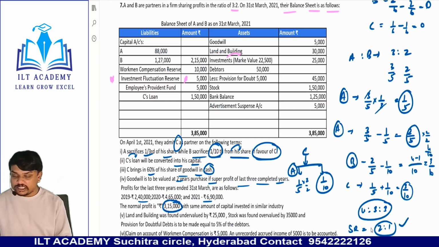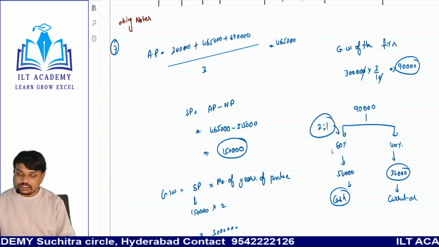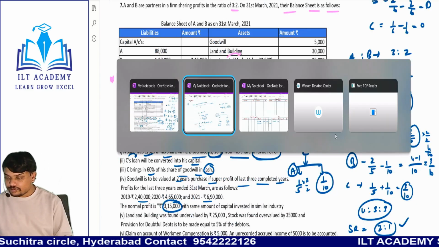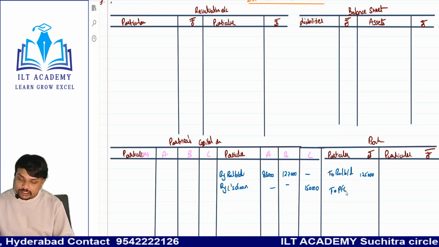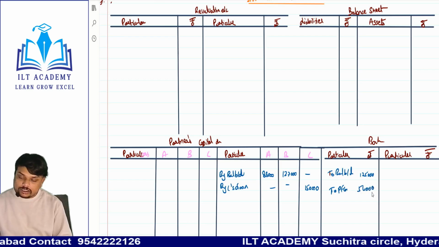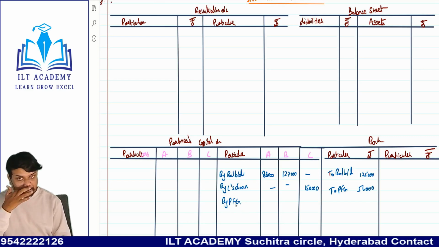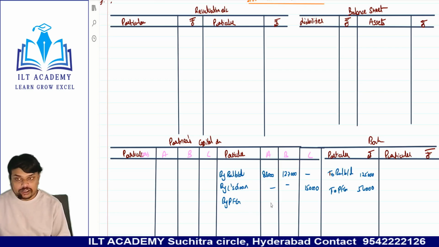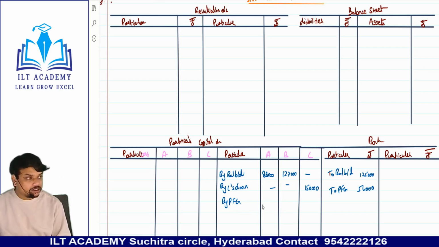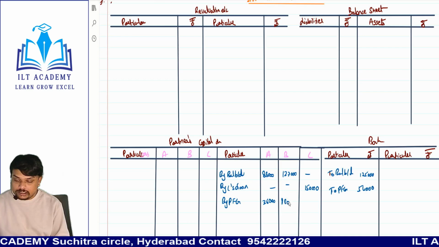This will be distributed in the ratio 2:1. That was the sacrificing ratio. Now you can write premium for goodwill, the amount brought, which is 54,000. Here also same, premium for goodwill, the amount 54,000. 54,000 you will distribute in the ratio 2:1, which is 36,000 and 18,000.